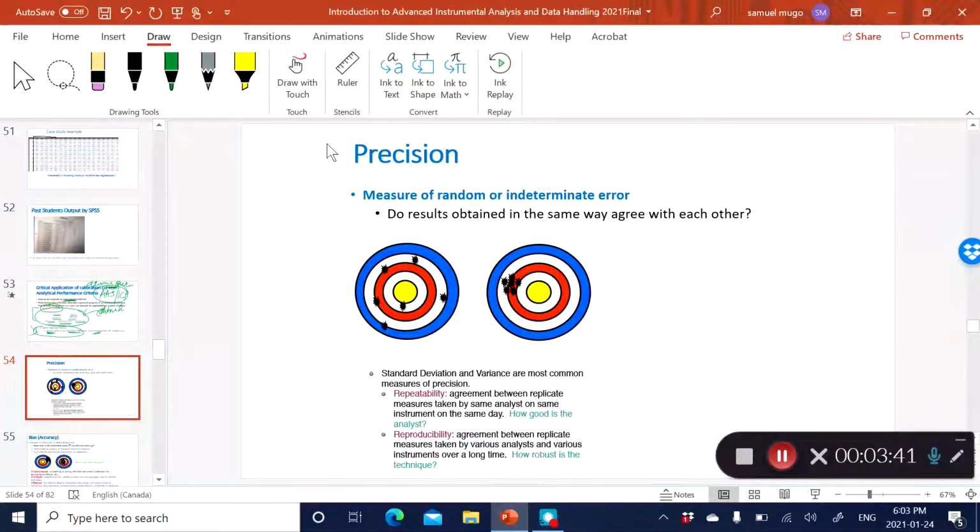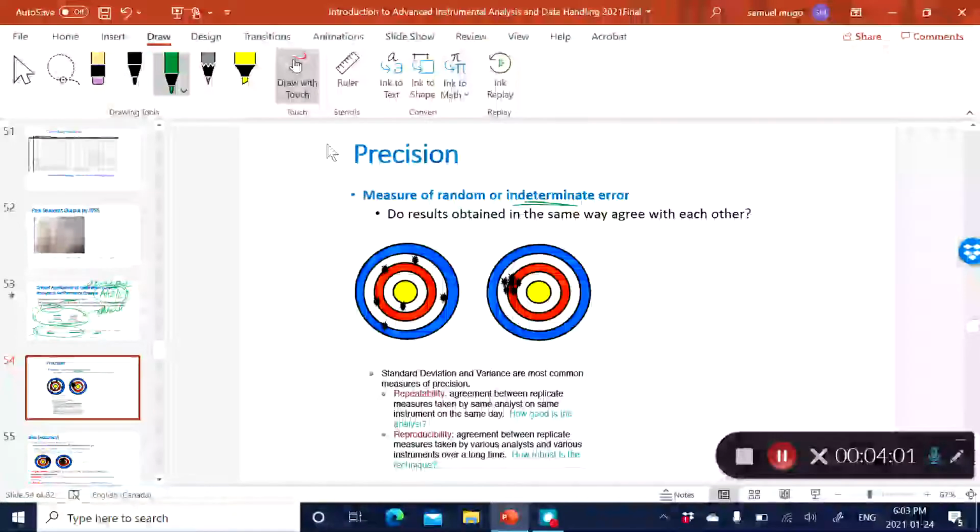Precision really refers to a measurement of random, or indeterminate, error that is present in your instrument. First things first, all instruments out there have some aspects of indeterminate or random error.